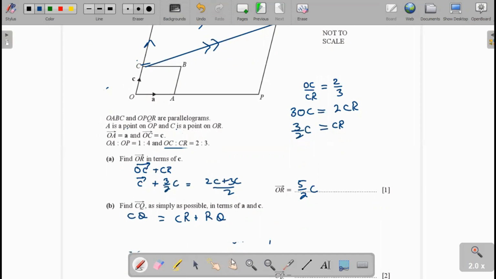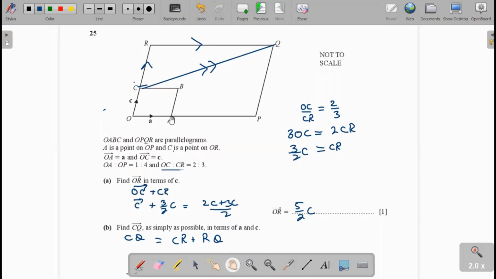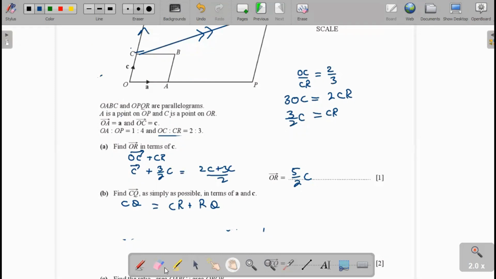Here RQ is parallel to OP. Now CR is given here as 3 over 2 c, plus RQ, which is OP.